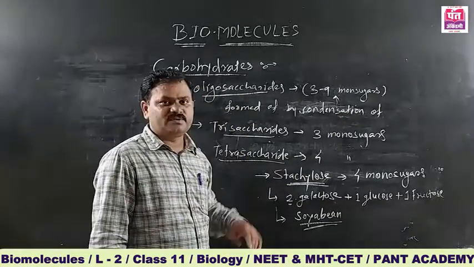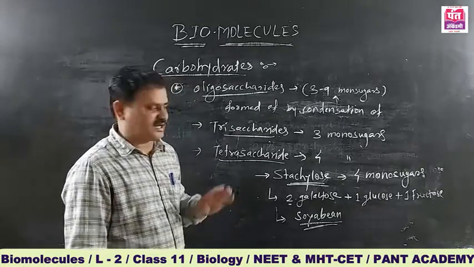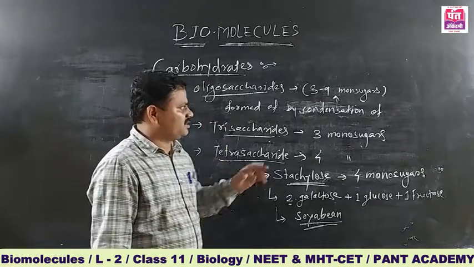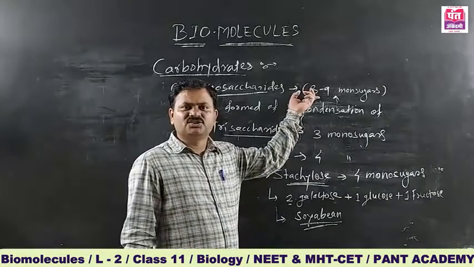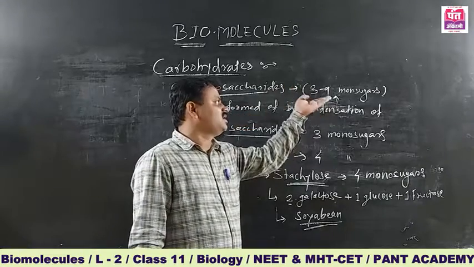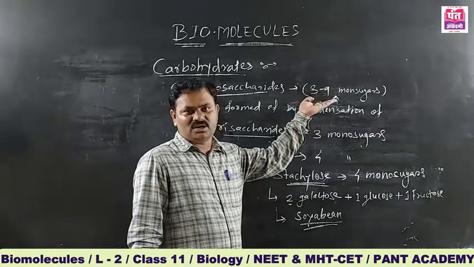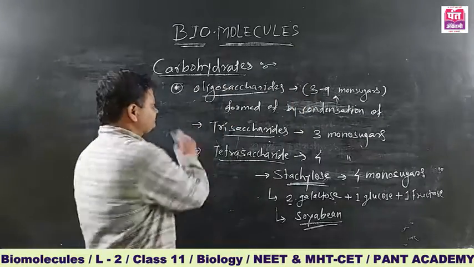So oligosaccharides are formed by the condensation of 3 to 9 monosaccharides.